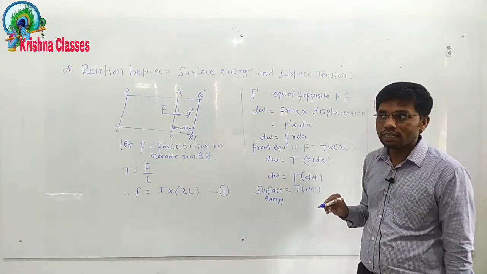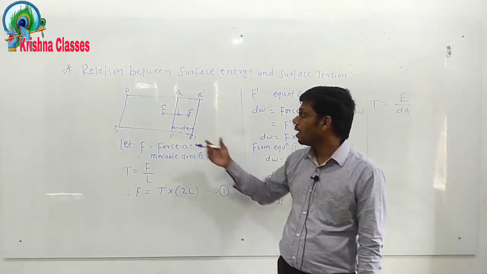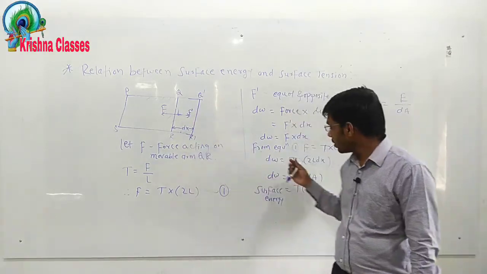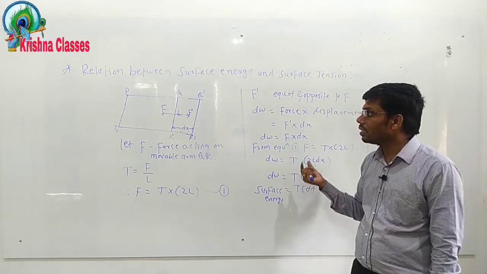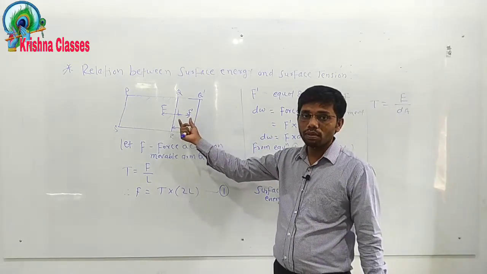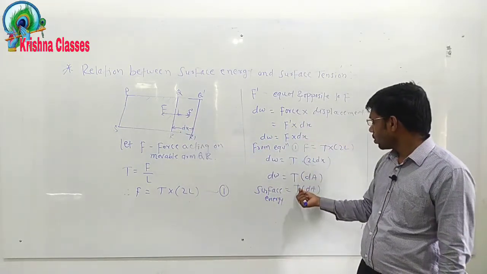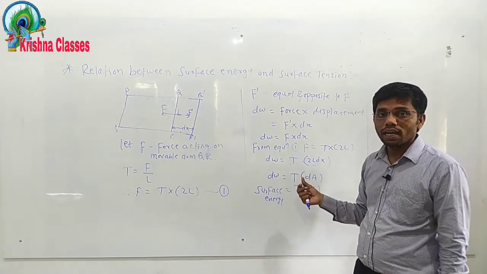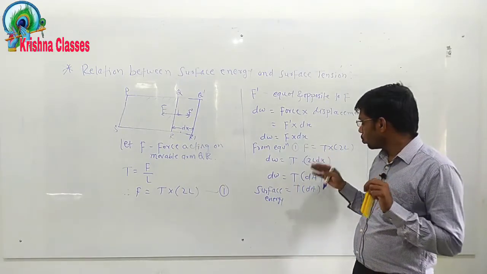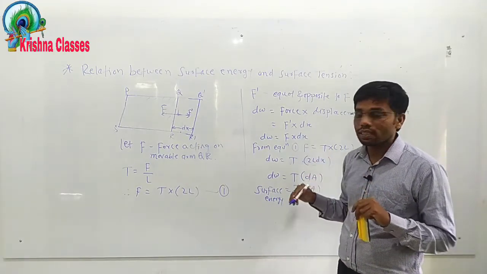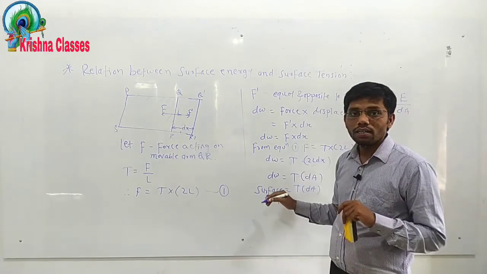Now this is how dA comes here. As we know, the area of a rectangle is length into breadth, and this is the increase in area of the surface film, dA. This work done is stored in the form of potential energy, and that energy is nothing but the surface energy.